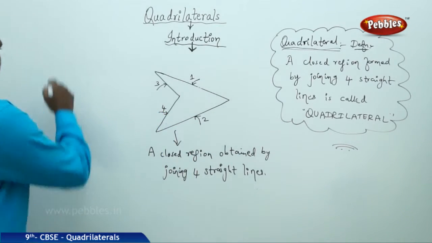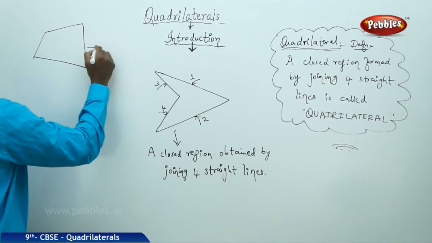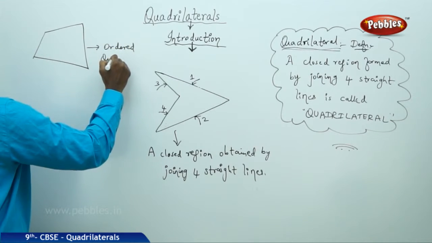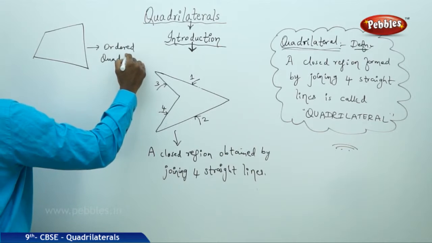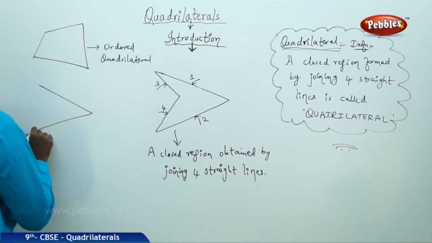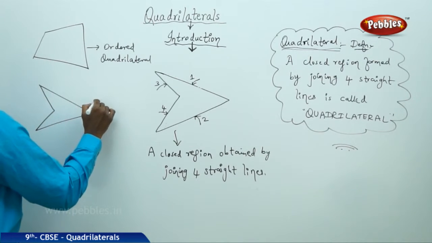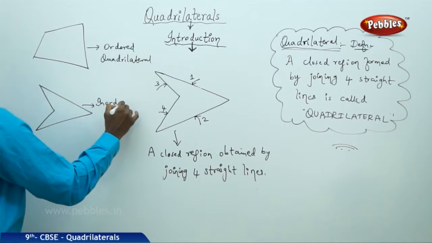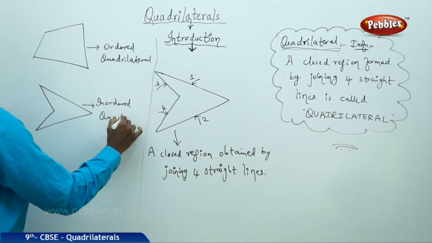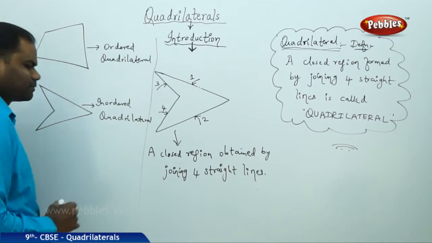One, where the quadrilateral of this form is called an ordered quadrilateral, and I have a quadrilateral of this form, which is an inordered quadrilateral.